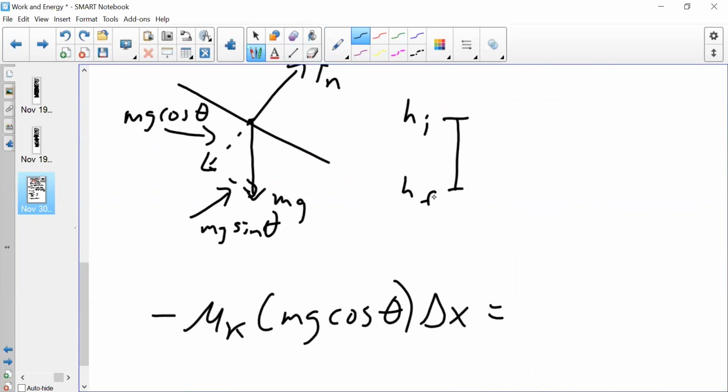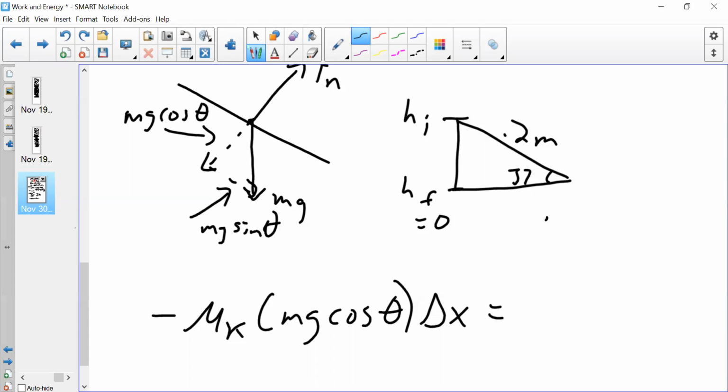So H final is 0. We can get this initial height by doing trig. The height is going to be the sine of this angle multiplied by 0.2.